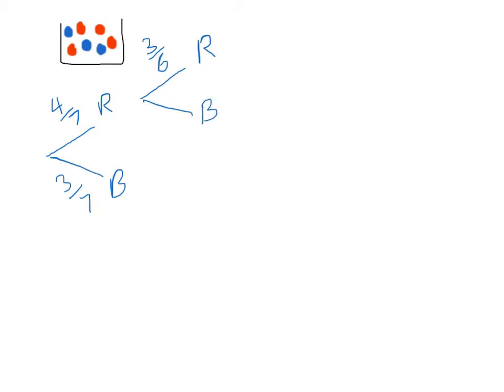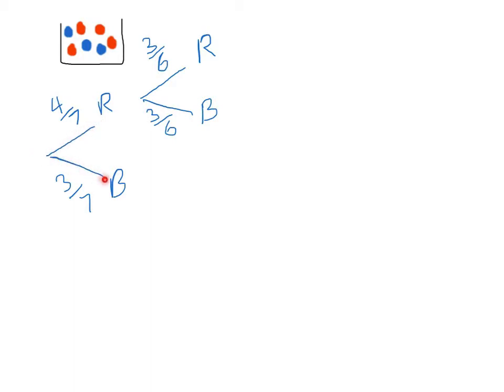However, if you'd picked a red first and then to pick a blue, well, there are still 3 blue left, but there are only 6 left in that box. Let's go back to the start again. So we've already gone down the route of going to red.